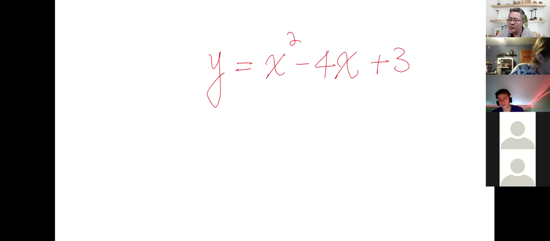Basically, we're just trying to find the vertex form, right? Find the vertex. We write this into vertex form using completing the square and find the vertex point.